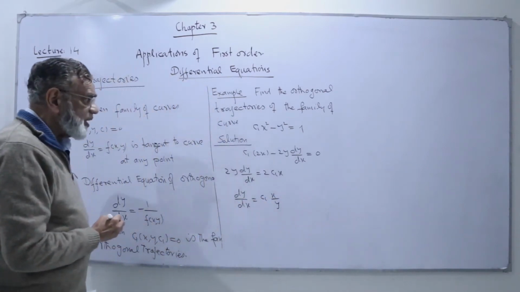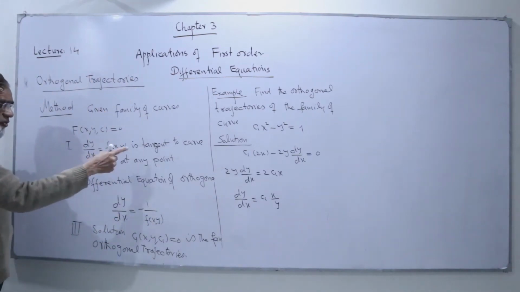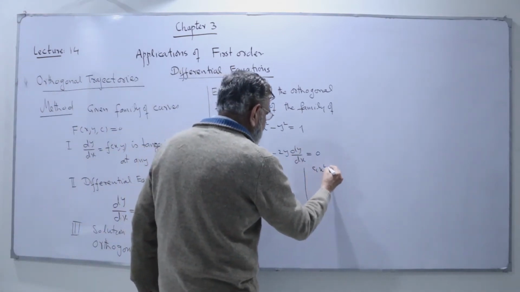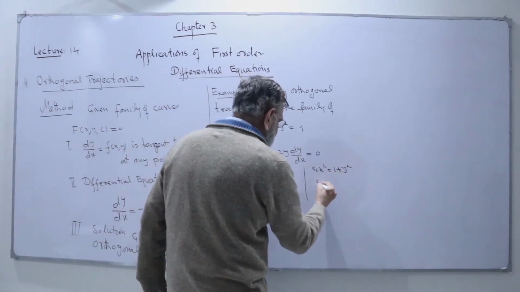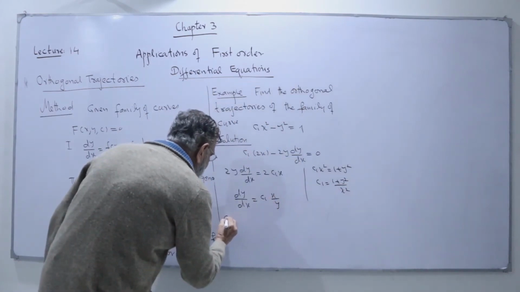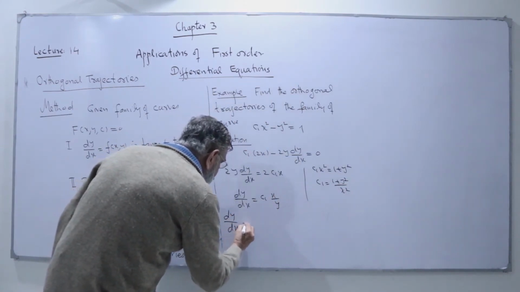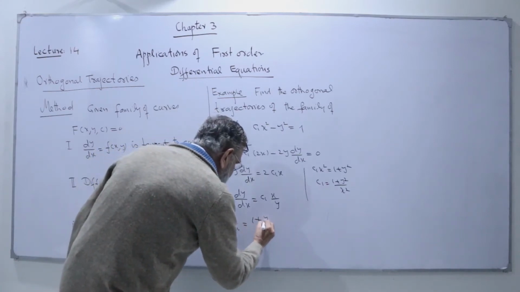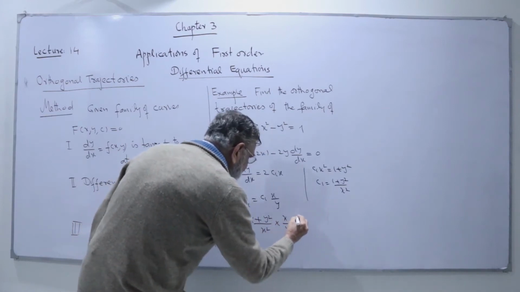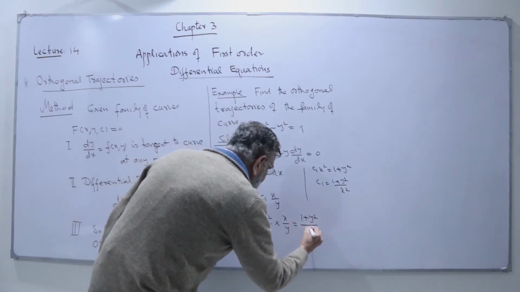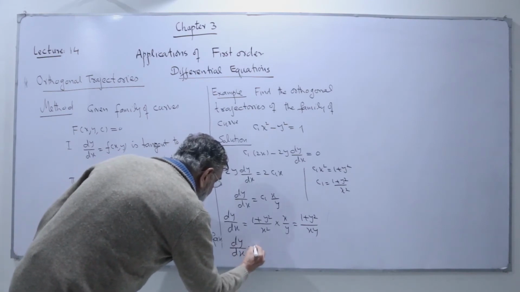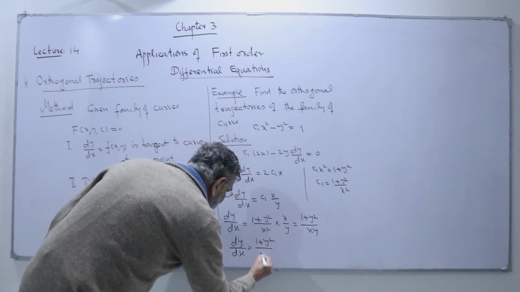I must get a function of x and y, so I have to eliminate c1. I get c1 from the original equation: c1 x squared is equal to 1 plus y squared, so c1 is equal to 1 plus y squared over x squared. Putting in the value of c1, dy by dx is equal to 1 plus y squared over x squared multiplied by x over y. Simplifying, we get 1 plus y squared over xy.